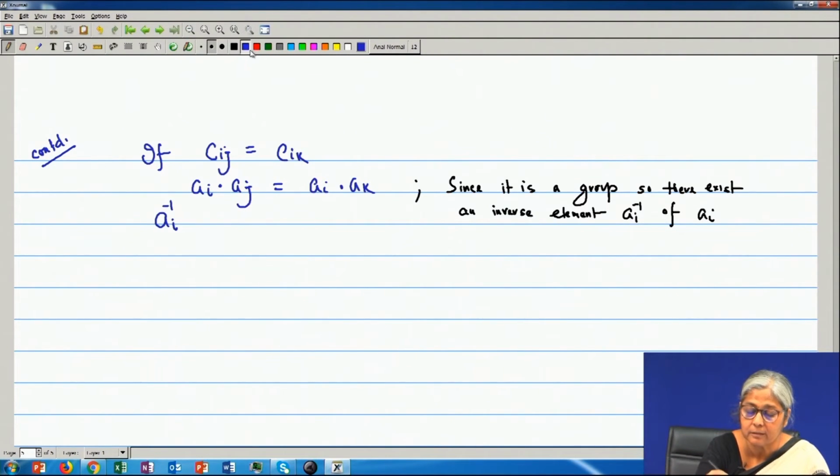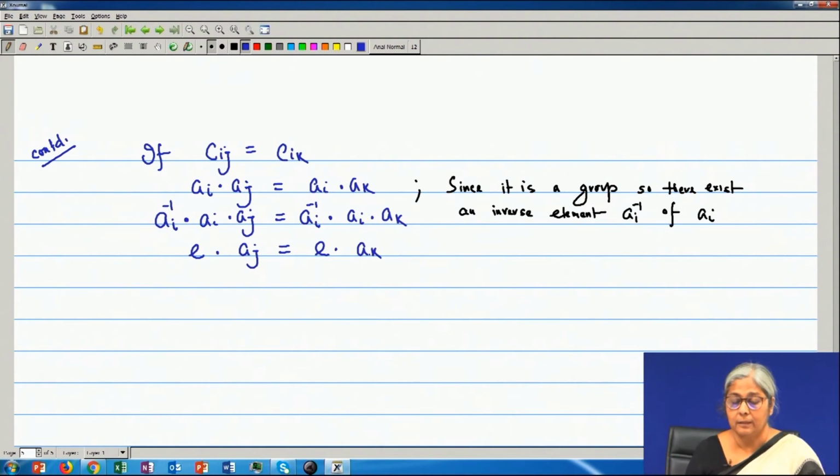So, I write Ai inverse dot Ai dot Aj, we do the operation on both sides. Then Ai inverse dot Ai is the identity element. So, E dot Aj is E dot Ak.